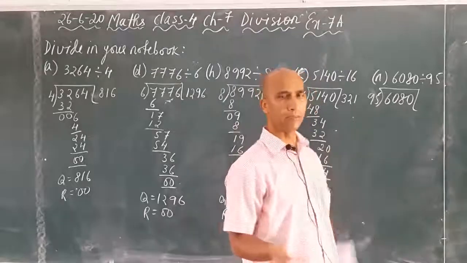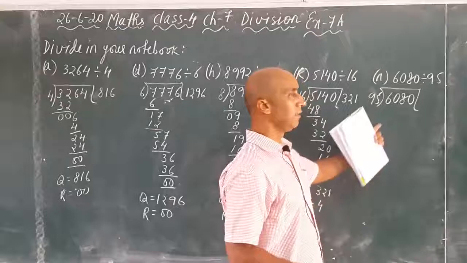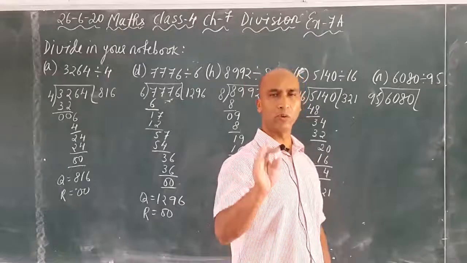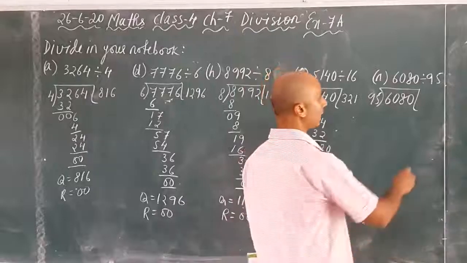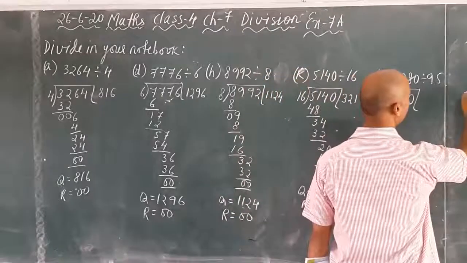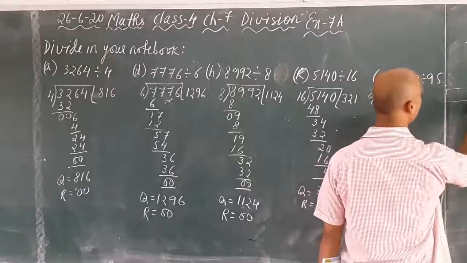So you will divide. Now to know how many times it will go, you don't know the tables of 95 because it is a big number. So what you do is make a rough column like this and write over your rough.